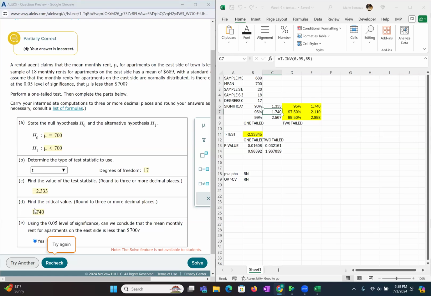Yeah, 0.05. Make it more decimals. Why would this be wrong?